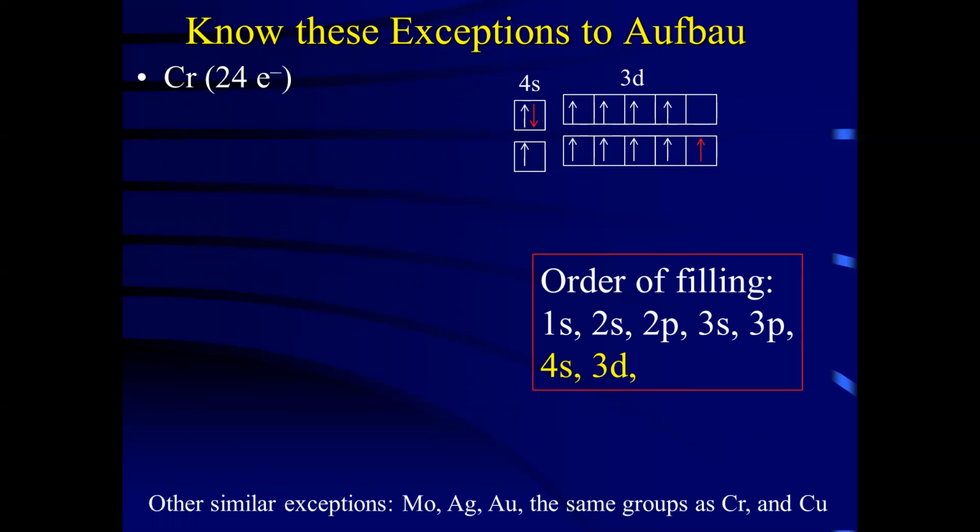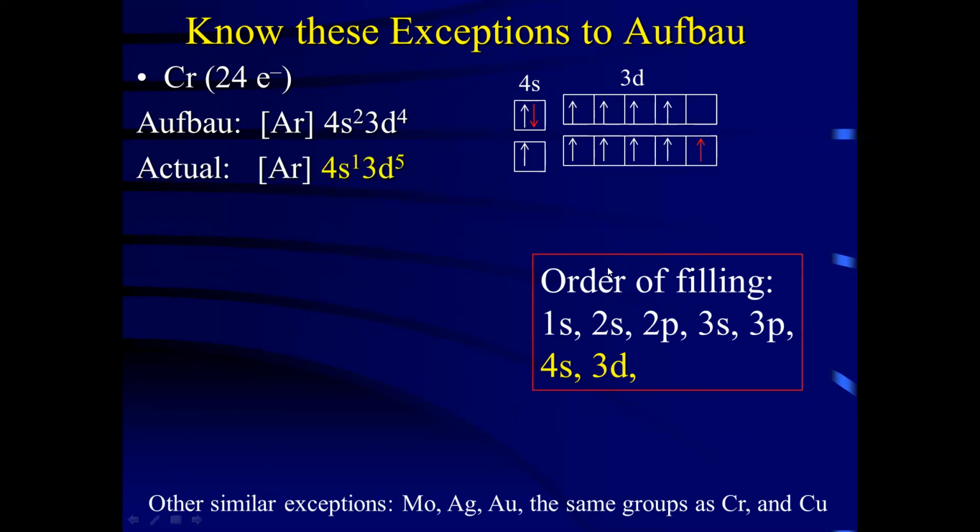We learned the rules like this, with everything filled in as I showed you previously. But we should also know there are some exceptions. This slide gives you two very typical examples of exceptions to the Aufbau principle. The first is chromium.